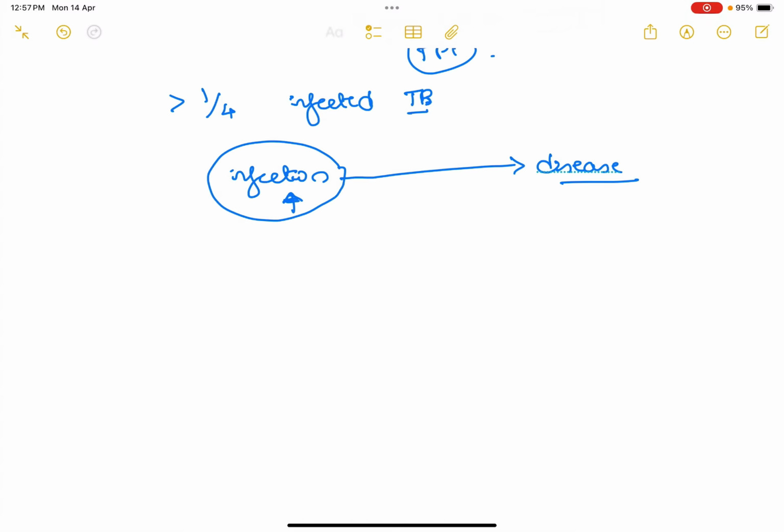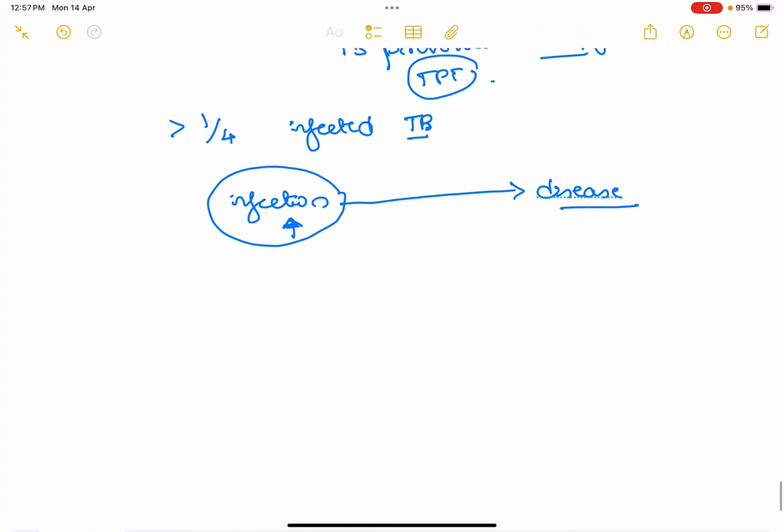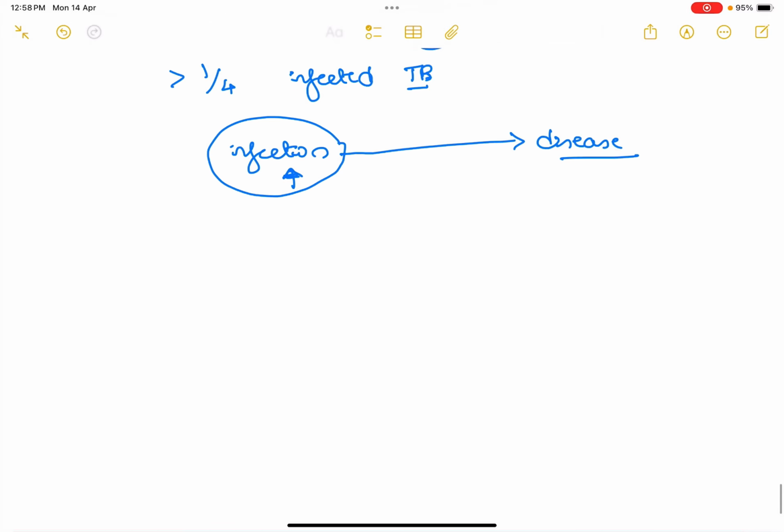But still, we can use these tests and cutoffs based on the risks the patient has, and provide TPT. As of now, we have two tests, the tuberculin sensitivity test, TST, and the IGRA test. These two tests help me identify infected individuals.